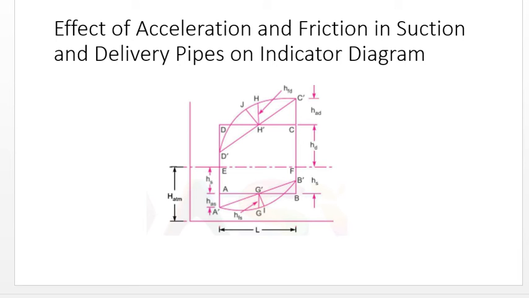So the total pressure head in suction pipe at the end of the stroke will become HS, this is the HS value, and this is HAS, HS minus HAS, and this value will be below this atmospheric pressure head line. This is the atmospheric pressure head line, and all these three positions will remain under this atmospheric pressure line.